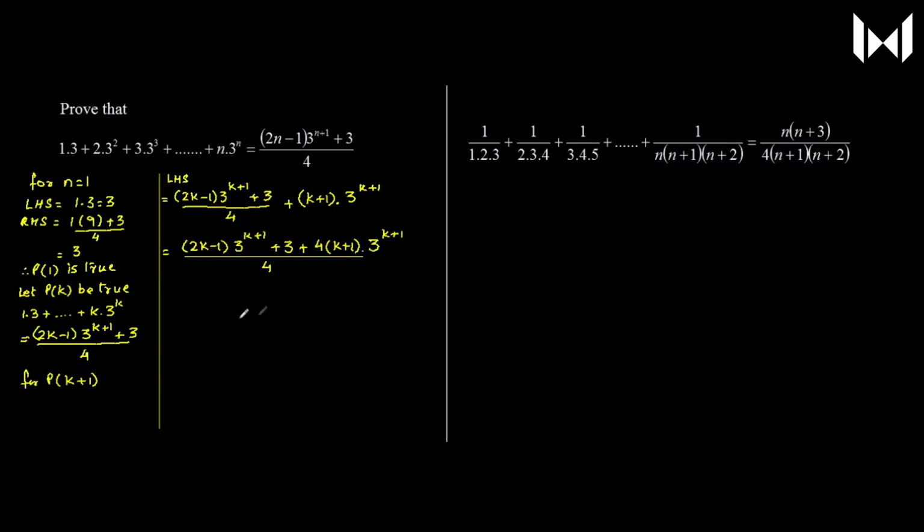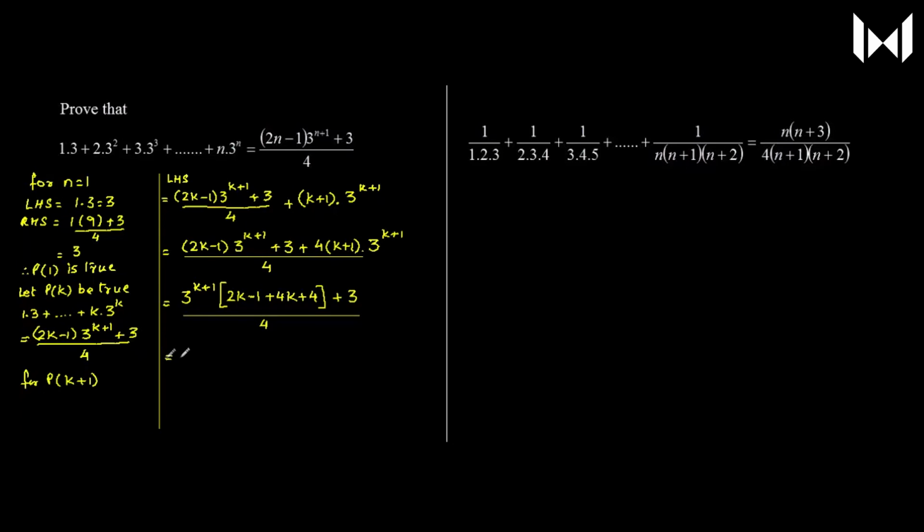power k plus 1. Now from the first and the last term we get 3 raised to k plus 1 common, so inside the bracket we get 2k minus 1, plus 4k plus 4, plus 3, whole over 4.